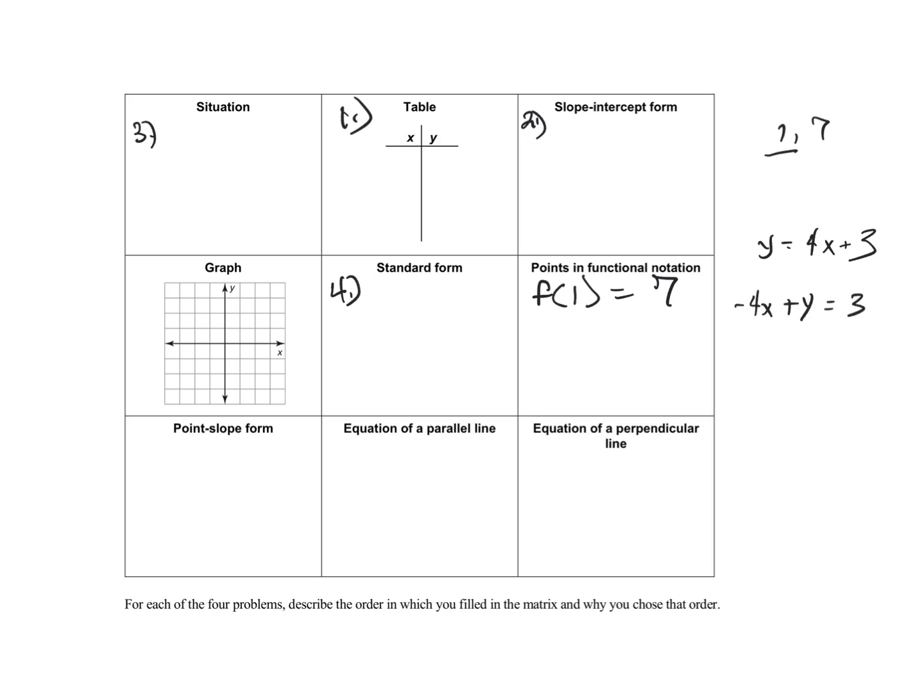And then you have to make the x have a positive coefficient, so the leading coefficient of x needs to be positive. So you would multiply this by a -1 and you get 4x minus y equals -3.